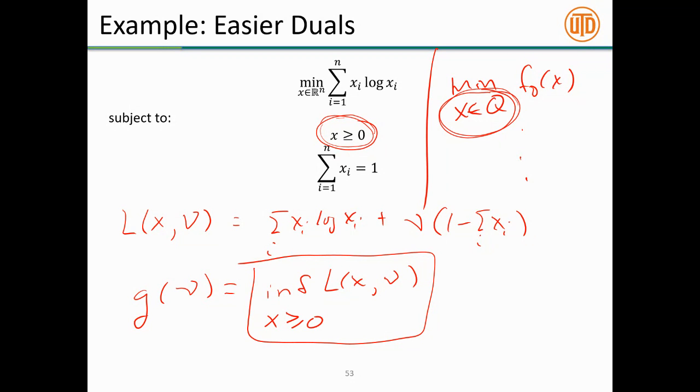But in principle, you can do this for any constraint. If it was somehow easy to optimize over that constraint, then you could just plug it in and solve this constrained optimization problem explicitly. If you can do that, it often simplifies your life, because you're taking some of the constraints out of the problem.